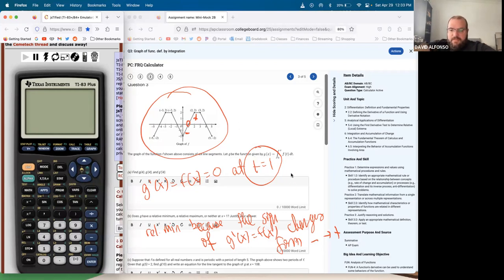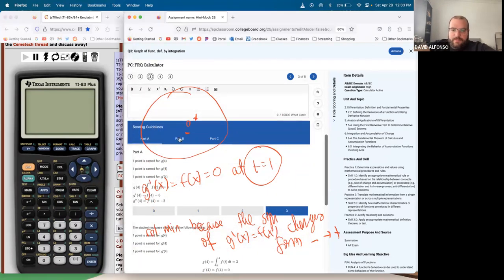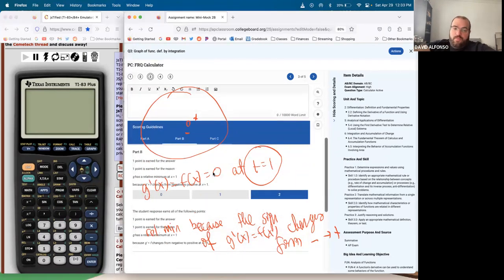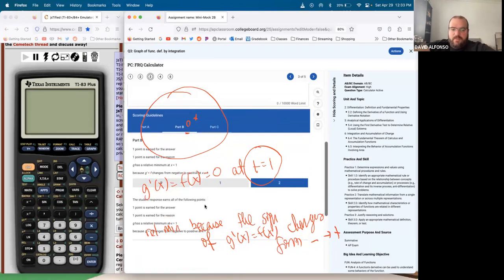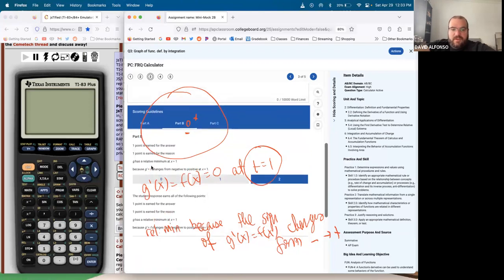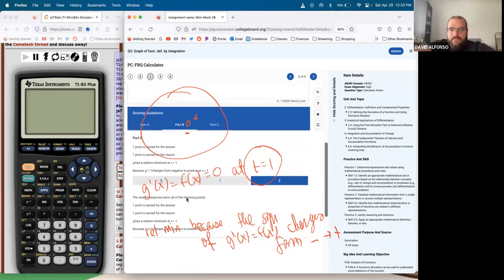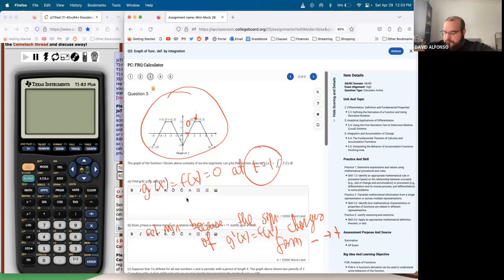So let's see how they grade this. 2 points. Okay, 1 for your answer, 1 for the reason. So because G prime changes from negative to positive at x equal 1, it has a relative minimum there. So that's it. Okay, that was an easy one.